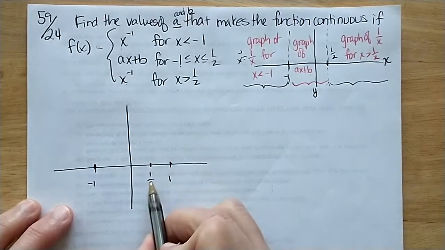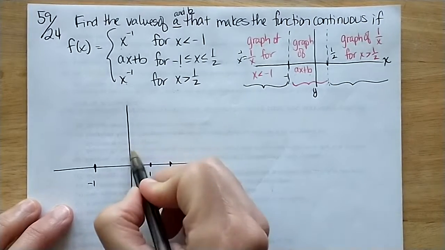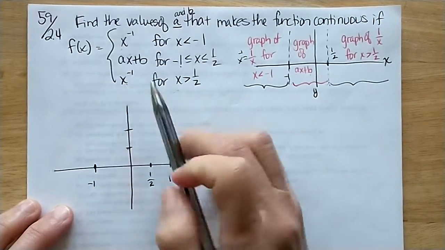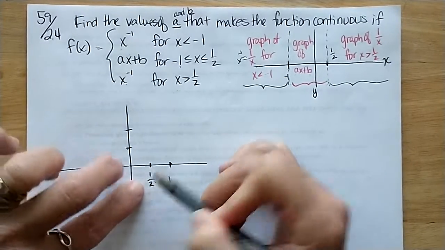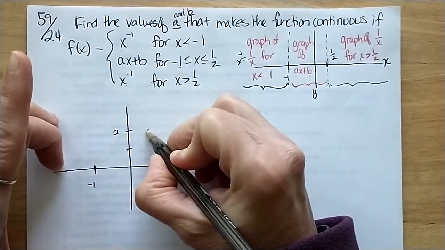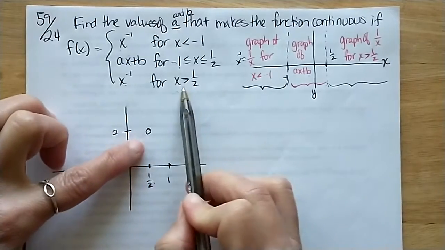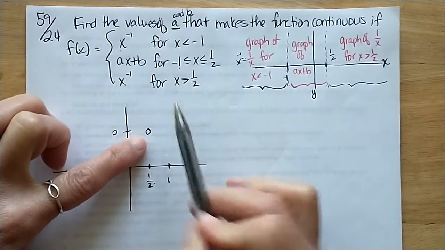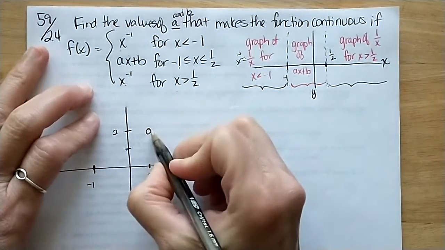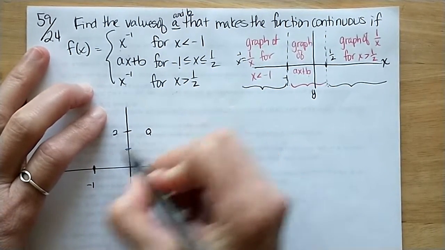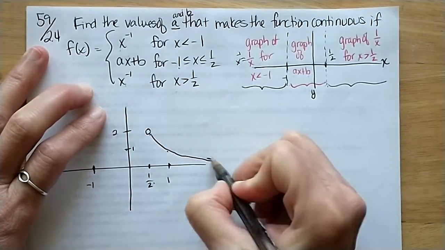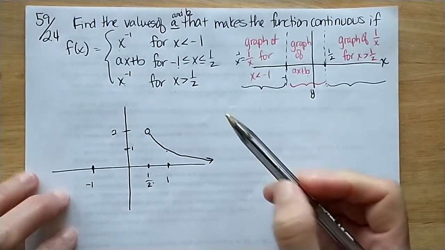So when x is equal to 1/2, if I'm looking at the 1 over x function, if you take x equal to 1/2 and flip that, or invert it, you get 2, except that I don't use this branch when x is equal to 1/2, so I go all the way up to that point, but not include it. And then the rest of the graph just looks like 1 over x. You can Desmos 1 over x if you haven't thought about that one in a while.